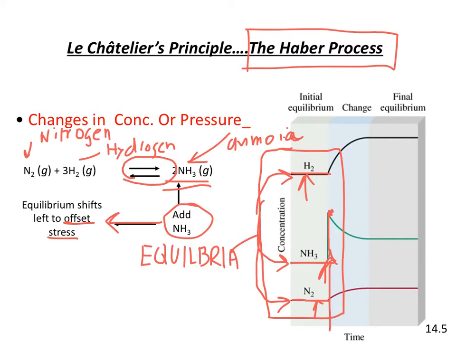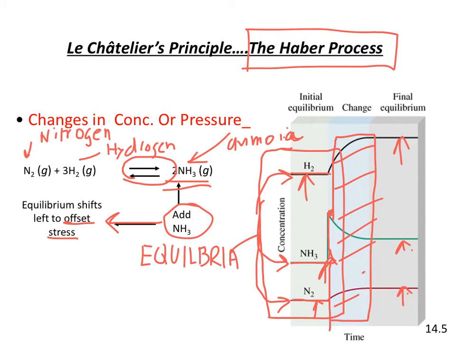And here is the area in which the system is reestablishing equilibrium, and now you see that it has leveled off again, and we have reestablished equilibrium, and the concentrations are once again staying the same.